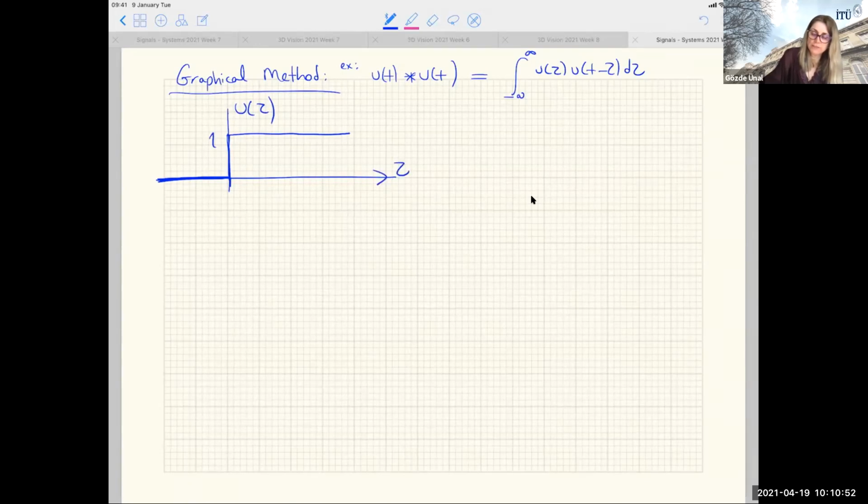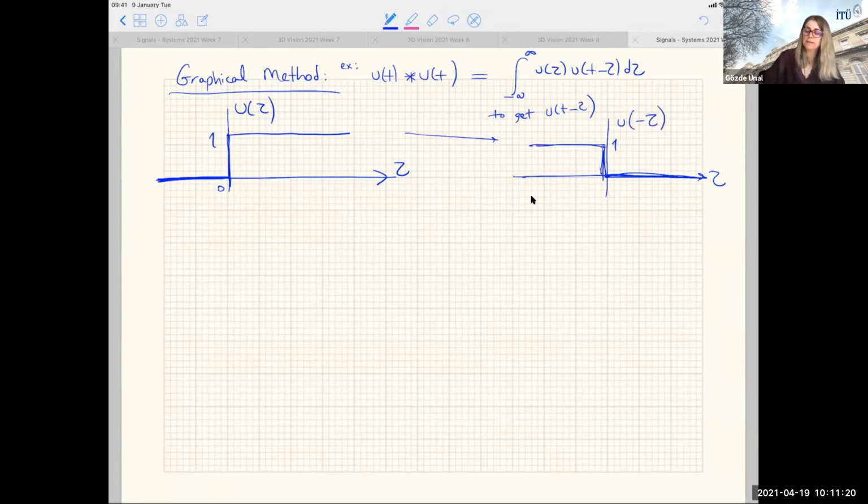Now, what is u of t minus tau? You can flip it. So maybe to get u of t minus tau, flip this guy, guys. Flip it. So I'll get u of minus tau, right? So it's going to be like this. U of minus tau. So just pay attention to this. So let me write this. Minus tau.